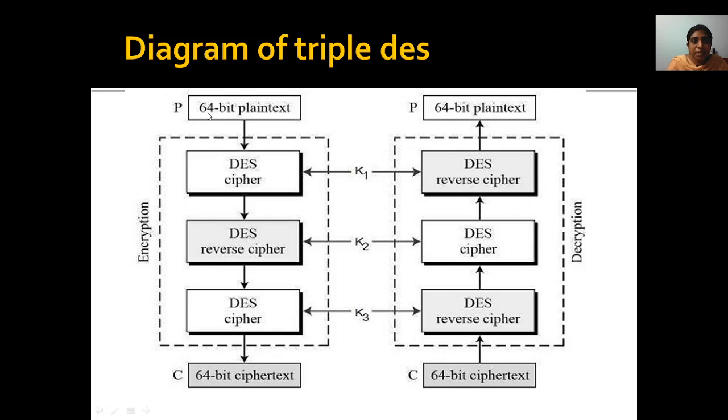In that, the plain text is encrypted with K1, then we decrypt by applying K2, then we apply K3 to get the ciphertext. The reverse of it gives the decryption and you get the plain text.